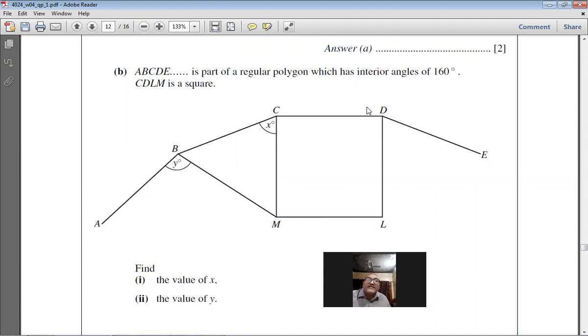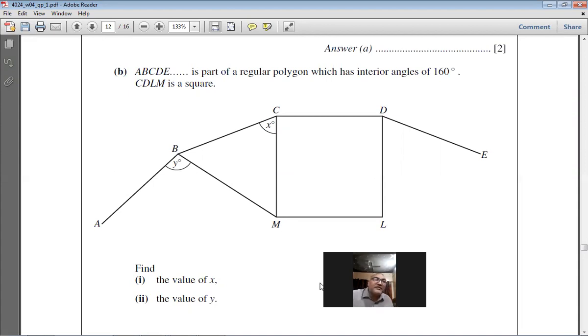You see this side, this side, this side, they are equal. This side is also equal, because it's a square. And if this side and this side are equal, these two sides will be equal, so it will be an isosceles triangle.